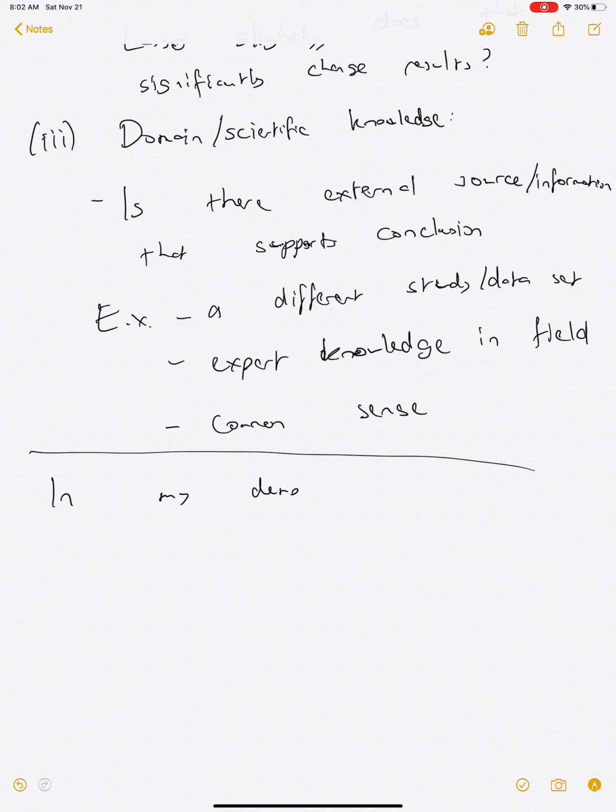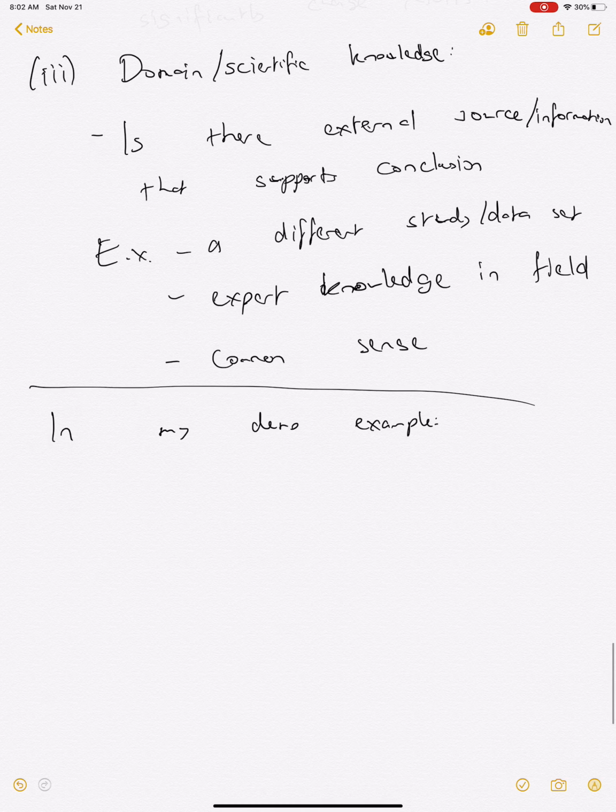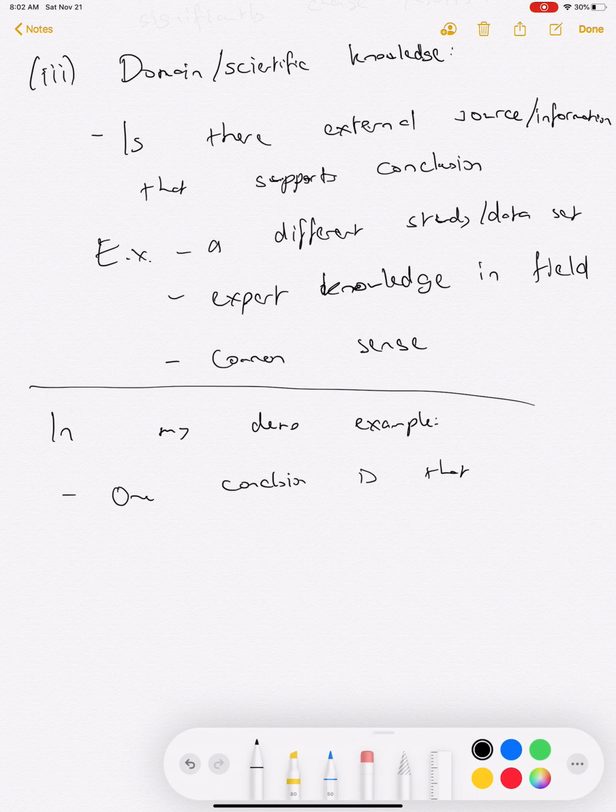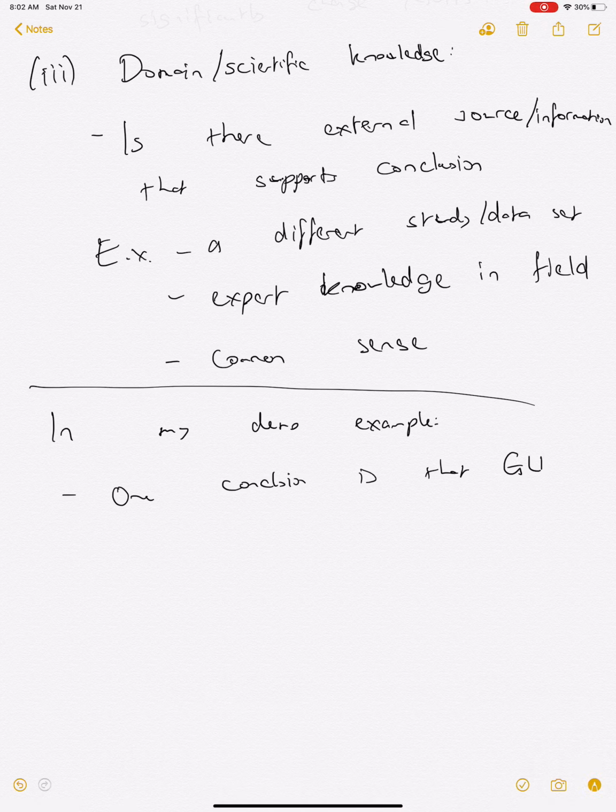So for example, in my demo example, one conclusion is that the GLM with main effects fits the model well.